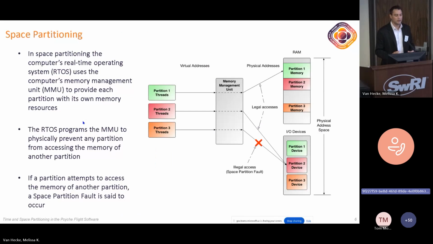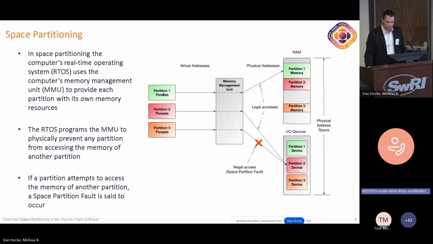So just getting into a little bit more detail about space partitioning, the way this is done is we use the real-time operating system to program the memory management unit on the flight computer to give each partition its own memory space and then prevent other partitions from interfering with it. So looking at this example, you can see here we have 3 partitions and we have memory space.